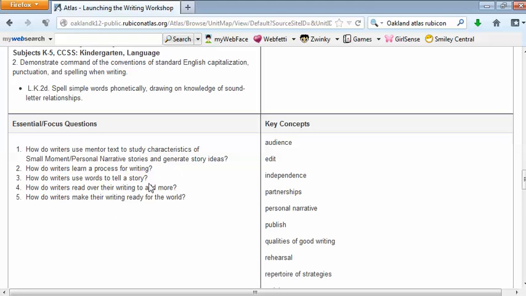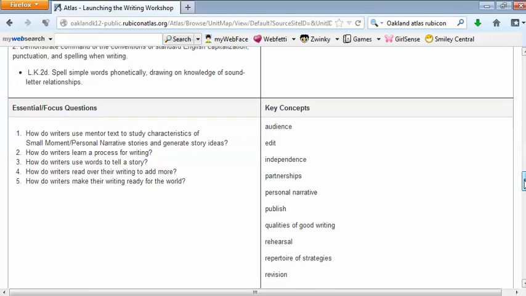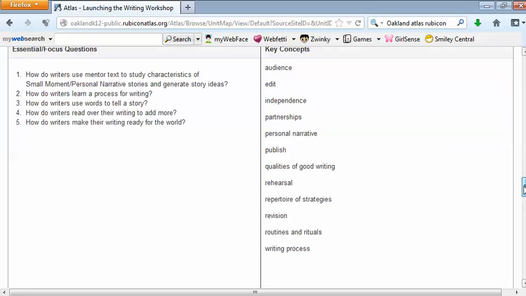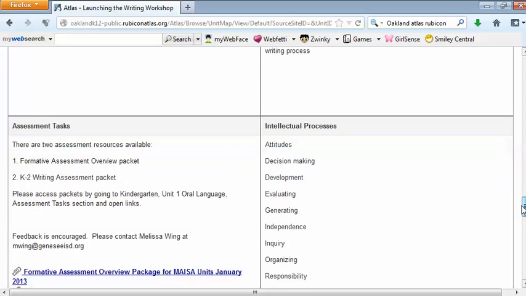These are the exact same questions that were exemplified in that graphic organizer, framed in the question format to build the unit. There are key concepts and terms that we'll be exploring with students, and they're all listed here for us. So we have that at the front end.